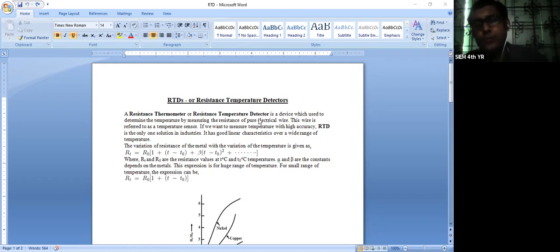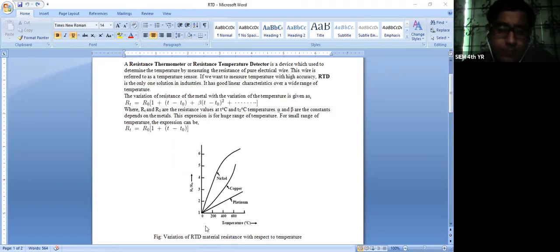That means the RTD which we employ to measure the temperature of the wire has a linear change of its resistance over a change in temperature for a long period. As you can see here in the diagram, with the change in temperature, the corresponding change in resistance is almost linear for a specific period of temperature change.